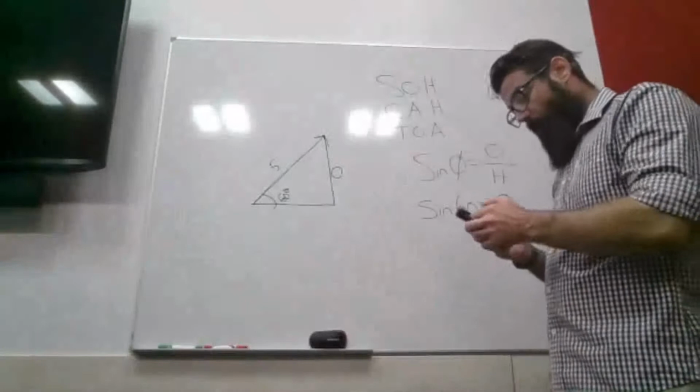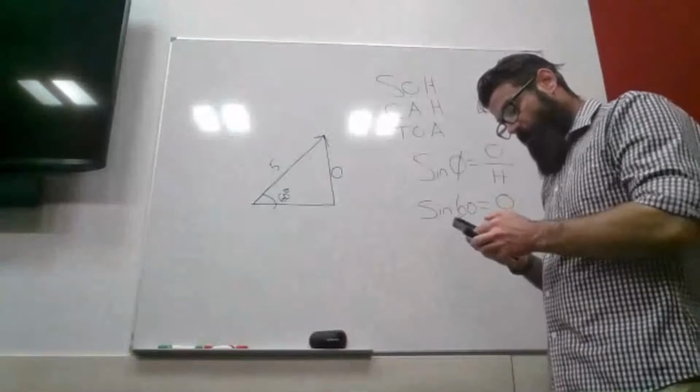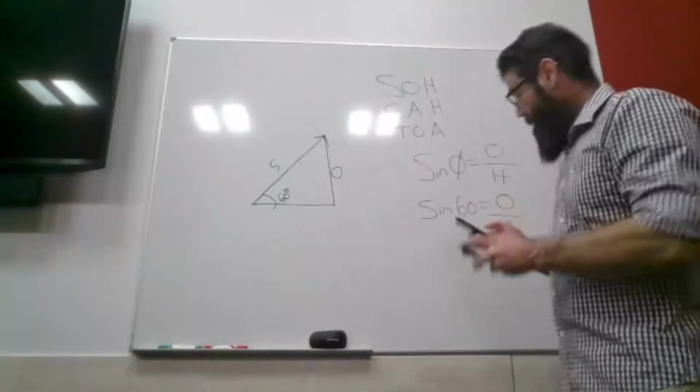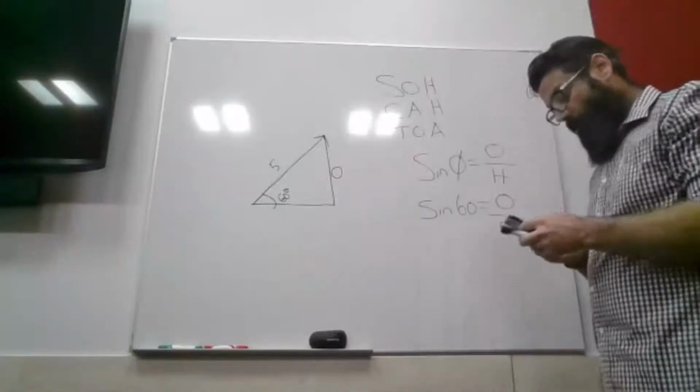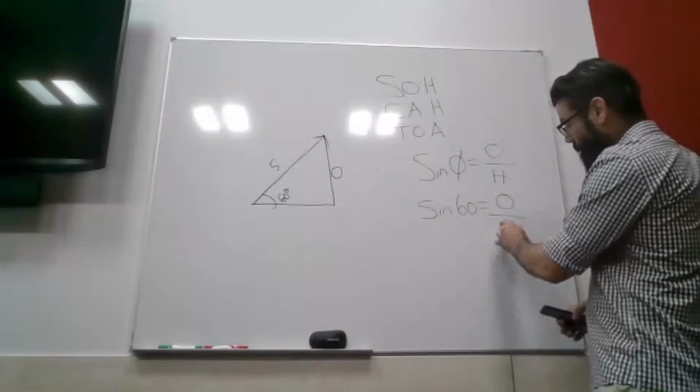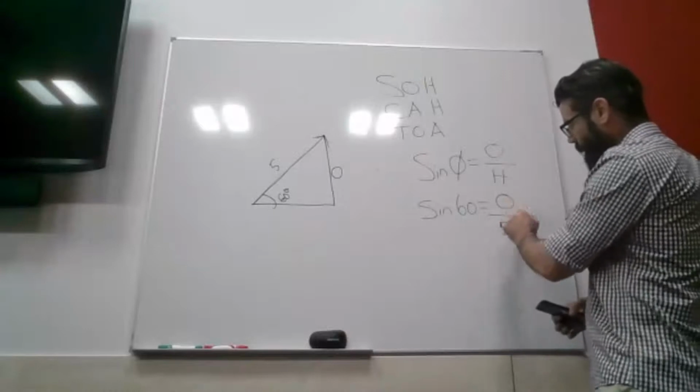Let me just get my calculator and I'll work that out. Actually, I'm going to transpose that. I need to get rid of this 5. I just want to see what the O is on this side.